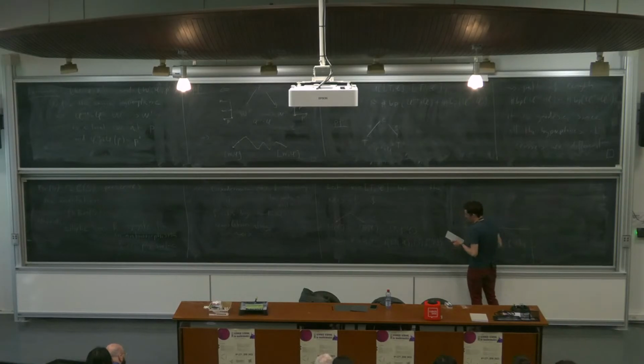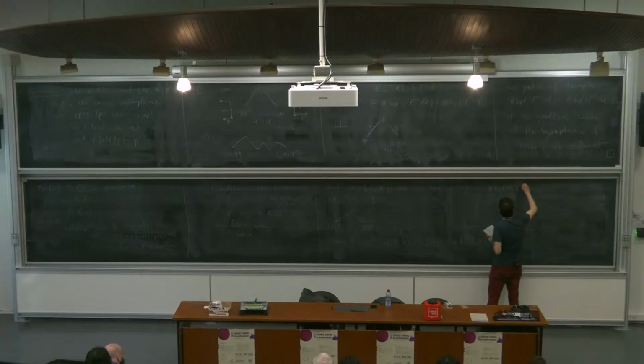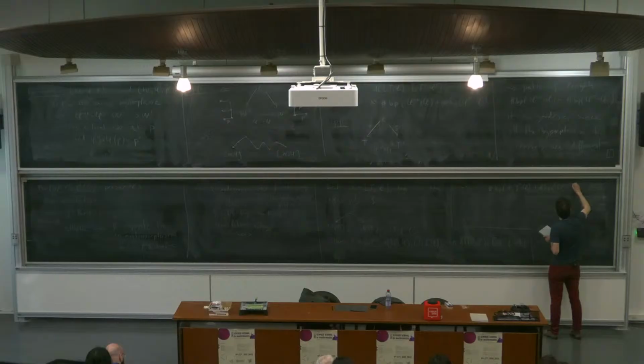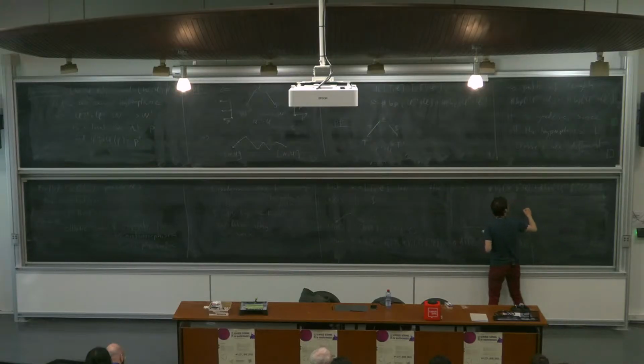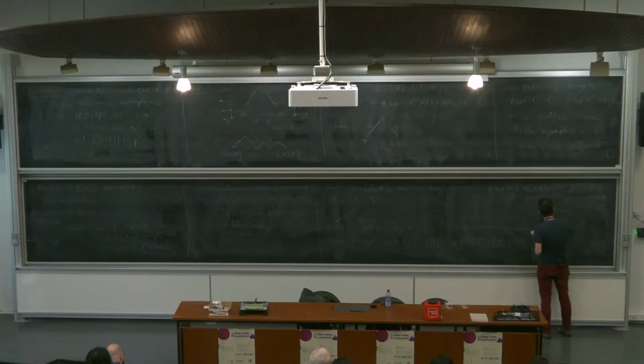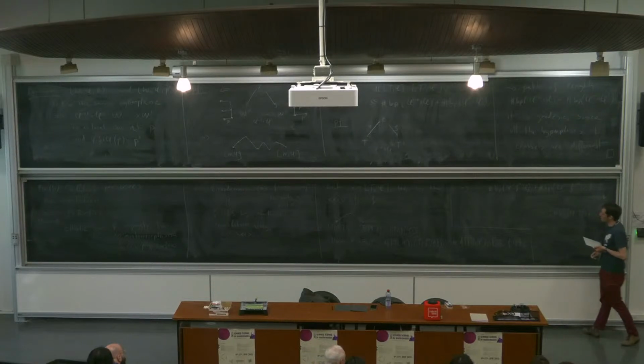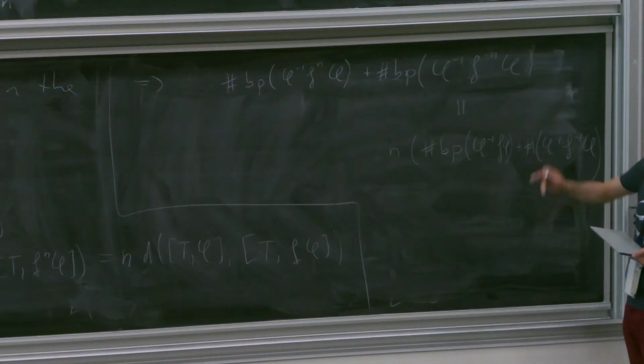This distance is the number of base points of phi inverse f to the n phi plus the number of base points of phi inverse f minus n phi, and this is the same as n times the number of base points of phi inverse f phi plus the number of base points of phi inverse f inverse phi. Okay, right, we just apply our lemma directly.